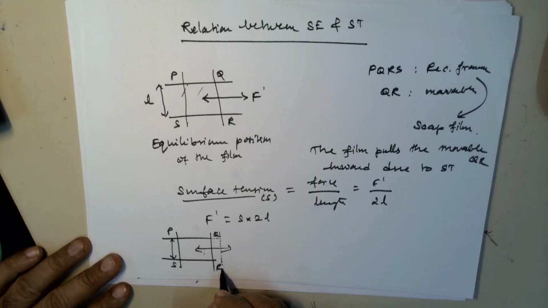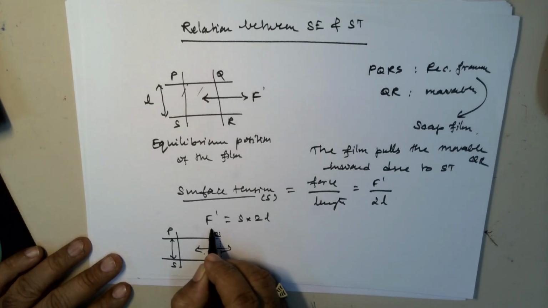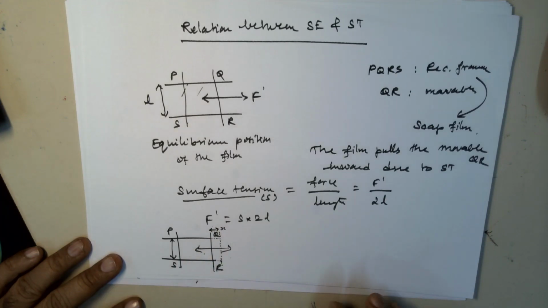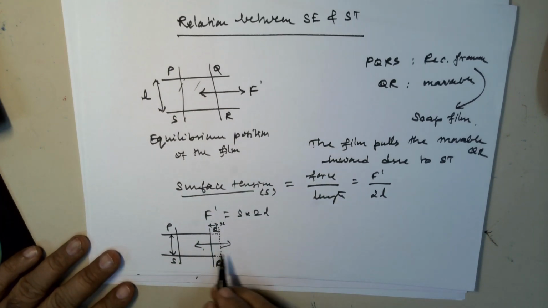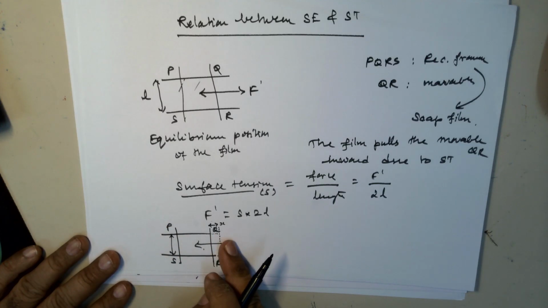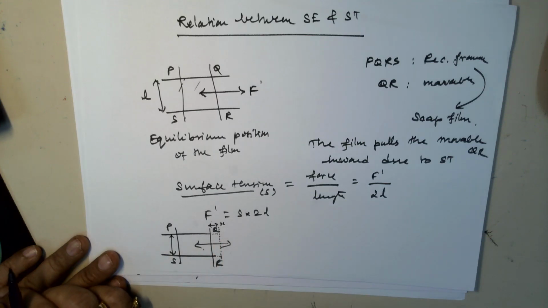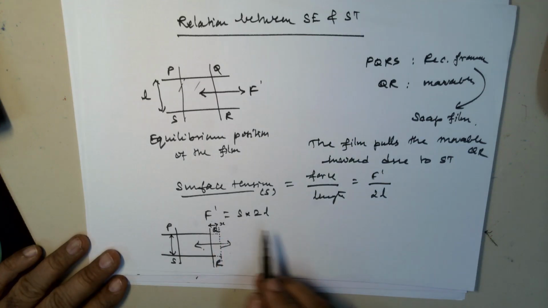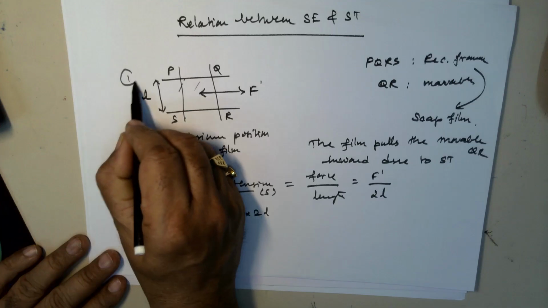So this is the pulled state. The distance between these two positions is X. It means there is an increase in area. So this is the X and you have already got 2L into X. That is the increased area. Take down. So this is the first case.